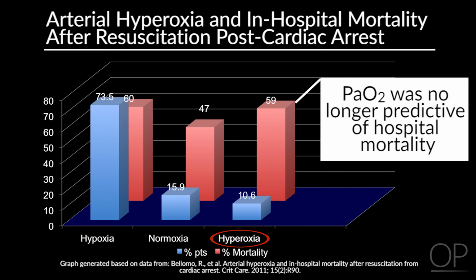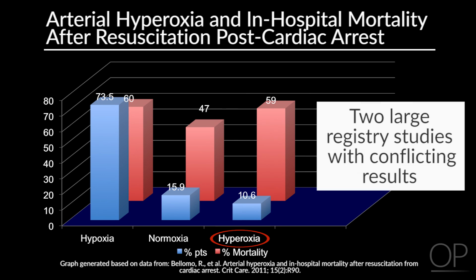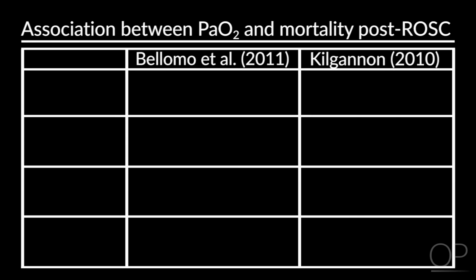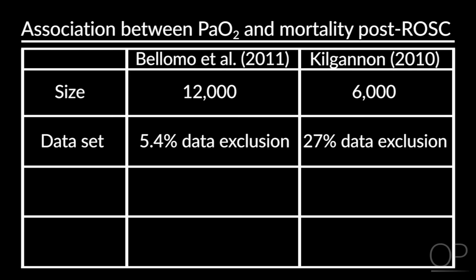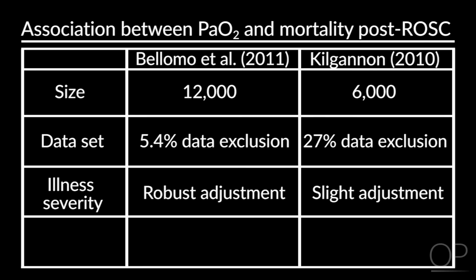So clearly the point is that we now had two large registry studies with conflicting results. I think a point needs to be remembered, the Bellomo study, much larger than the Kilgannon study, did have a more complete data set. There was a more robust adjustment for illness severity.